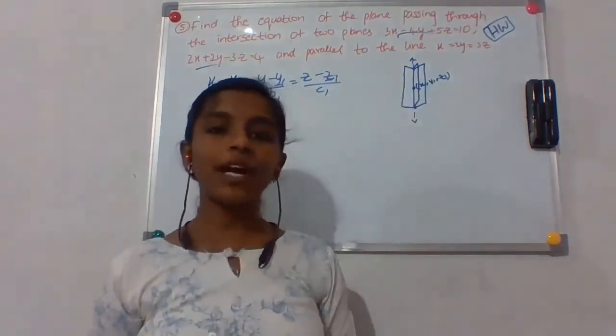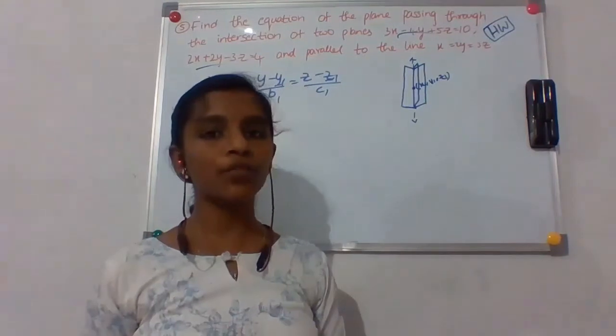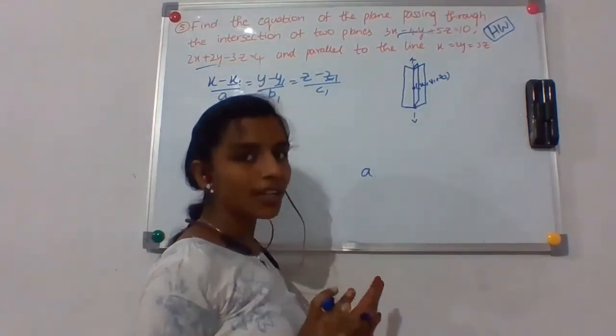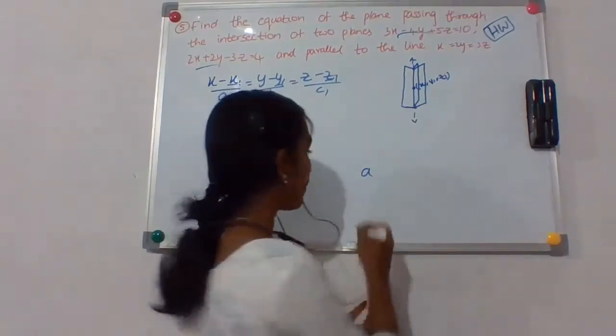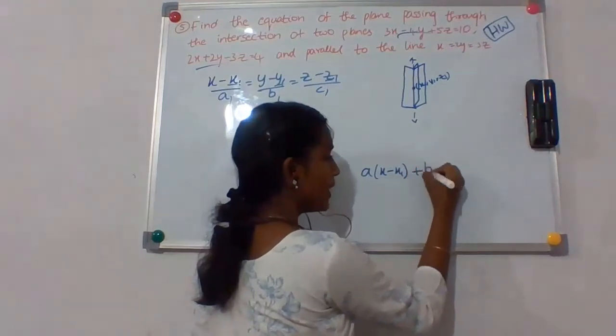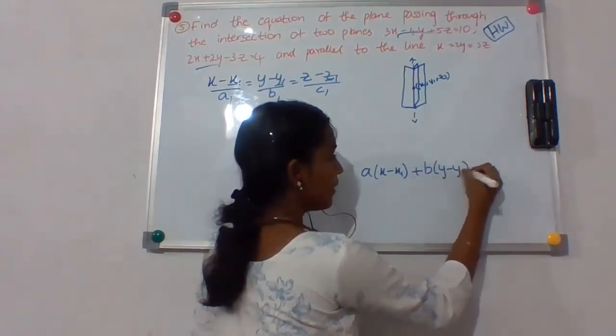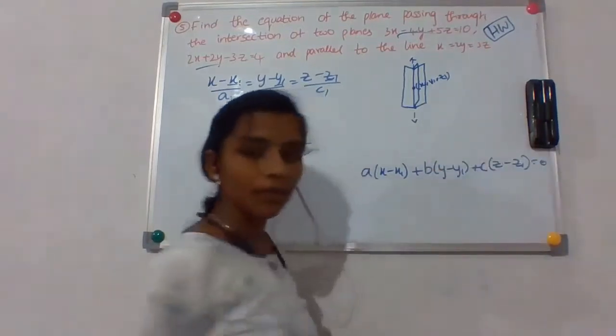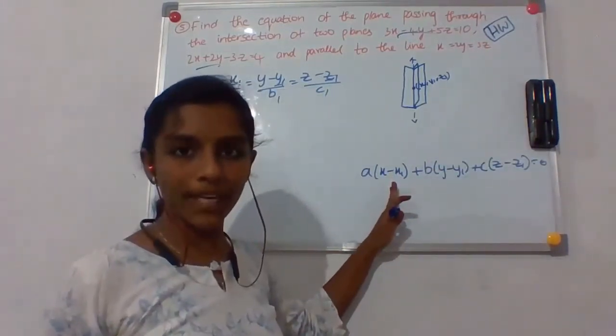So if you have to find the equation of a plane in one point form, what do you use? That is A(x - x1) + B(y - y1) + C(z - z1) = 0. Is this the one point form of a 3D plane?